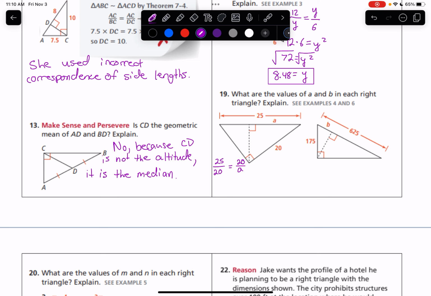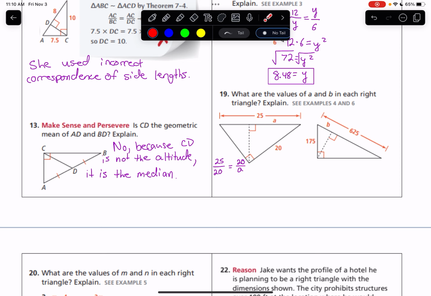Or I could use an altitude on hypotenuse theorem that reminds me that the leg squared is equal to the piece of the hypotenuse closest to that leg times the whole hypotenuse. That's just what happens when I cross multiply here. The leg squared, 20 squared, is equal to the piece of the hypotenuse times the whole hypotenuse, 25a.